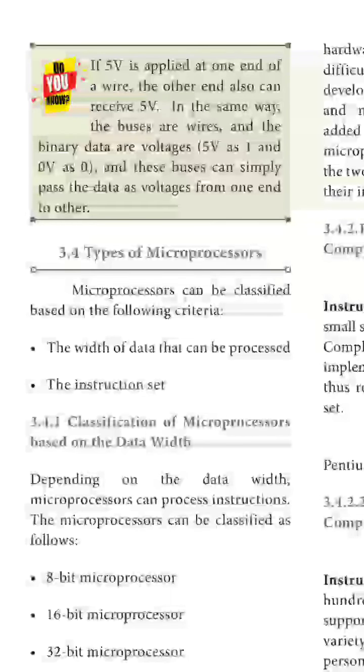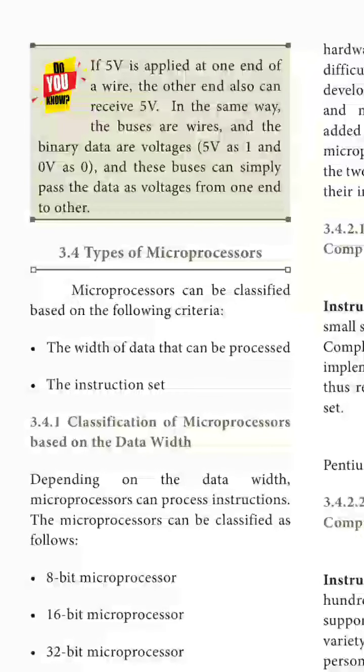If 5 volt is applied at one end of a wire, the other end also can receive 5 volt. In the same way, the buses are wires and the binary data are voltage.